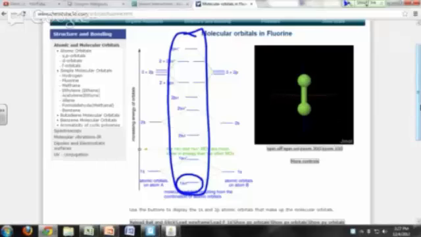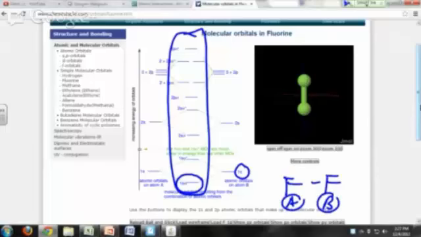So with fluorine, you have two fluorine atoms. You can call this one atom A and the other one atom B. So a linear combination of 1s orbitals from both atoms can give you a bonding sigma orbital that's lower in energy. Or a linear combination of those two could also lead to an anti-bonding orbital.